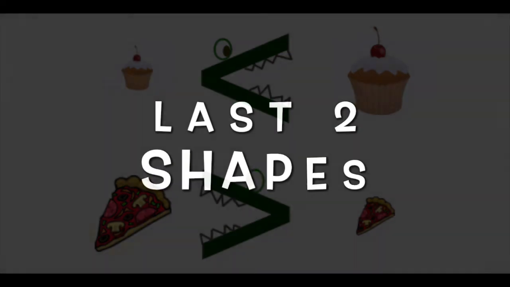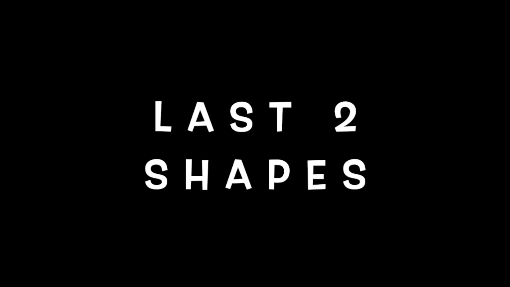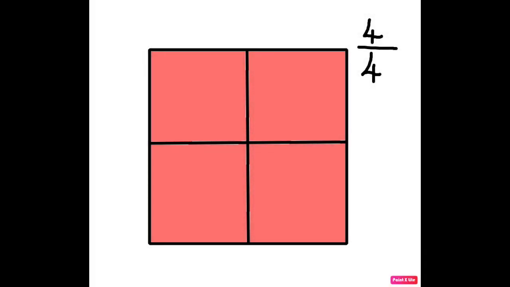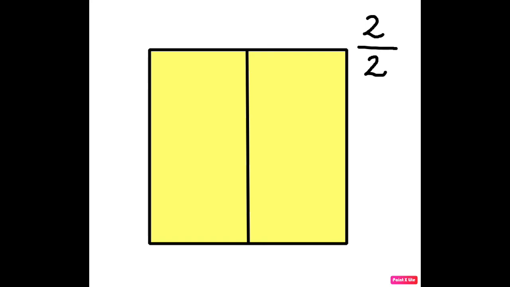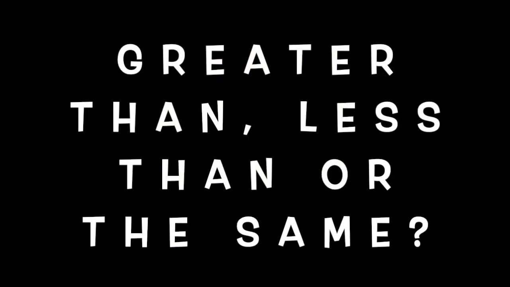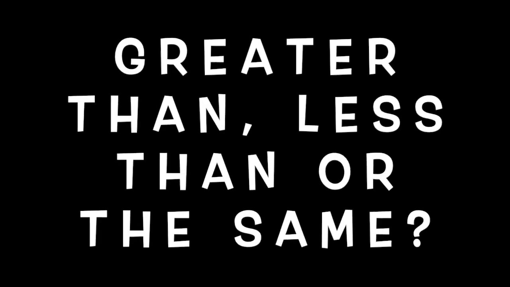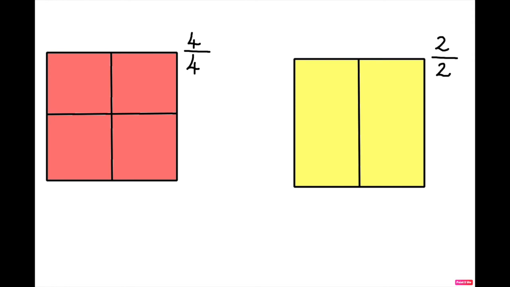Last one. Let's compare these two shapes. This one has 4/4 colored, and this one has 2/2 colored. Are these fractions greater than, less than, or the same as one another? Well done. These are the same, so we use an equal to sign.